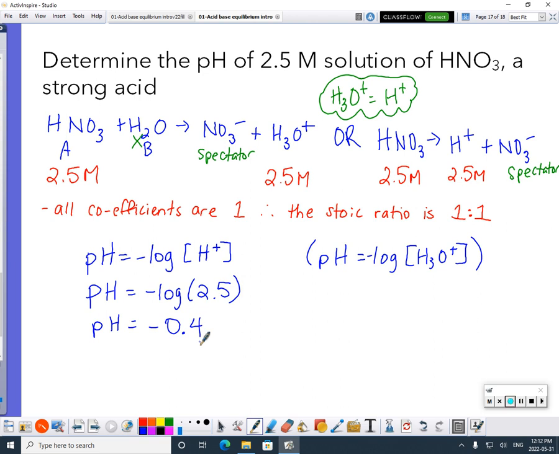I rounded it, that's no big deal. Again, a super, super low pH. If you had a solution of 2.5 molar nitric acid, you would have some explaining to do. So it is a very, very low pH, very strong acidic solution.